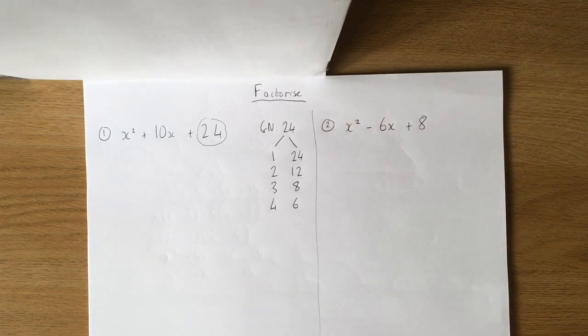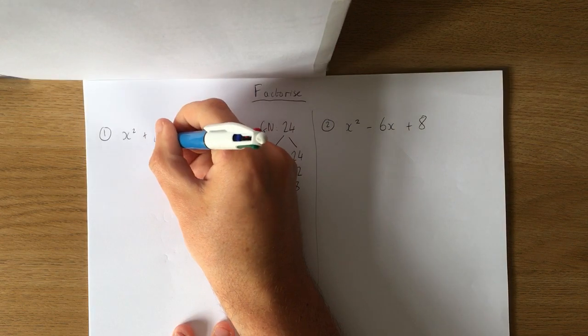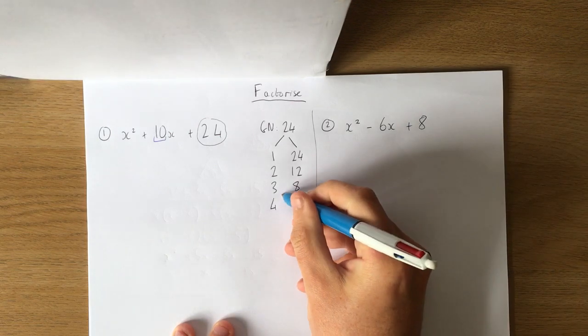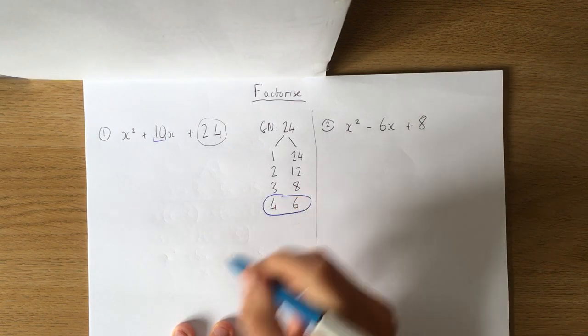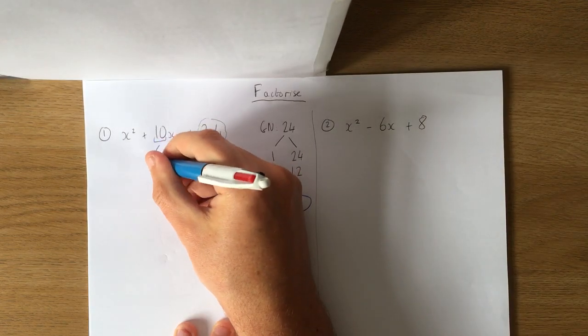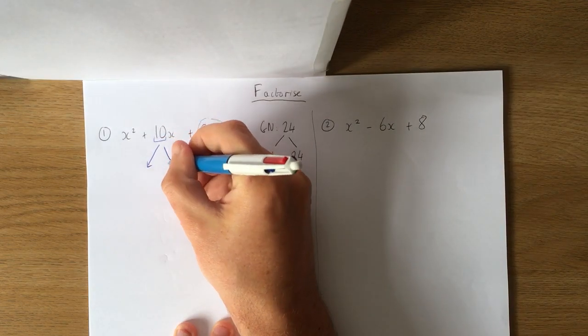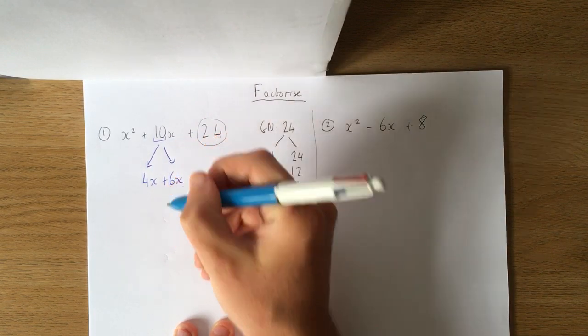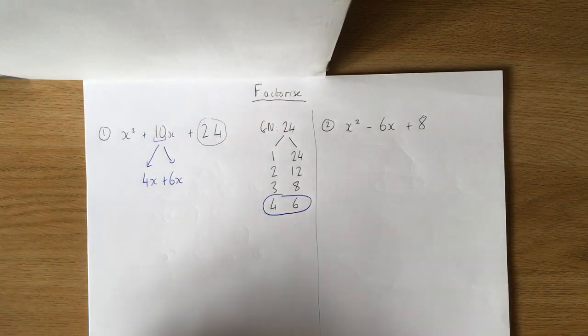I am looking for the pair of factors which add up to give me 10. Which pair of factors here add up to give me 10? It's 4 and 6. So I am going to split 10x up into 4x plus 6x.